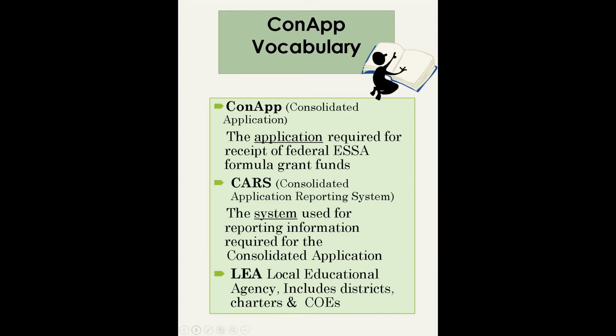CARS is the system through which you report your data for those collections. So it's the Consolidated Application Reporting System. The application is the actual what, and CARS is the how. And as we said, LEA, local education agency, includes districts, charters, and county offices. When we use that, we generally mean that it includes all of those.